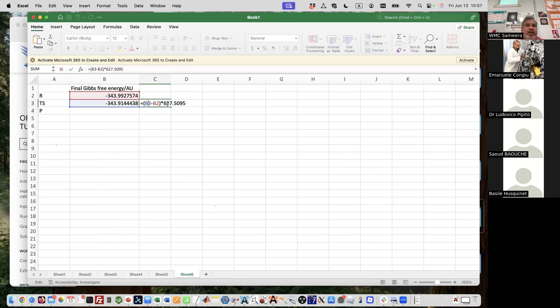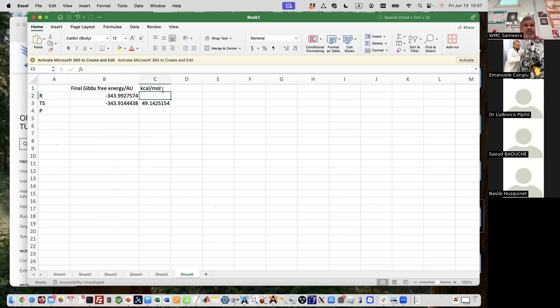So I converted the value into kilocalorie per mole. And then you can get a relatively large barrier, very high barrier, about 50 kilocalorie per mole.